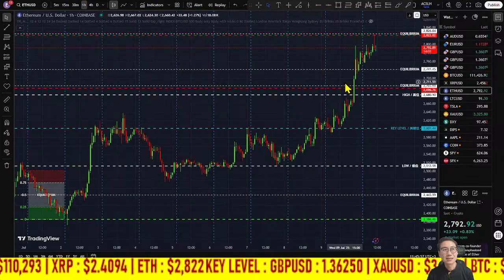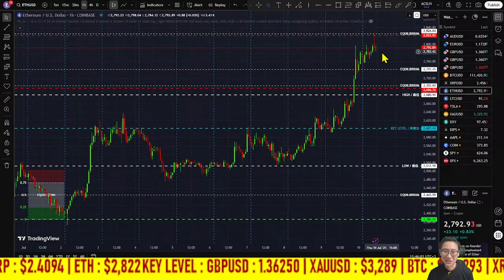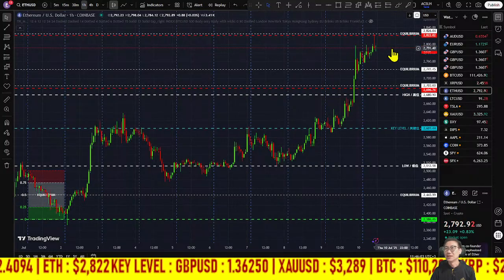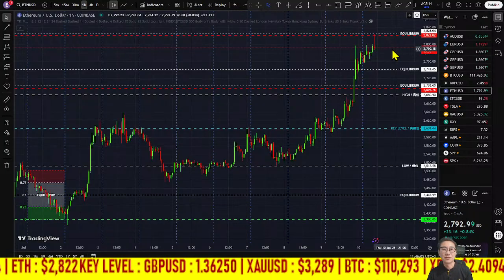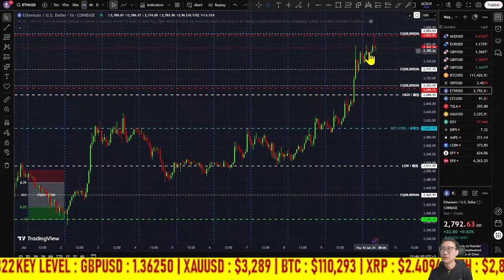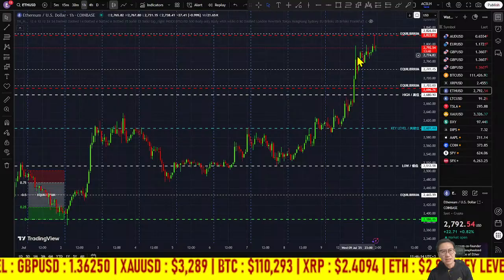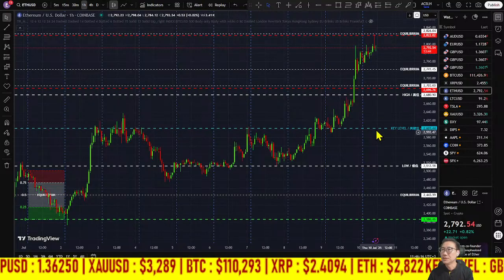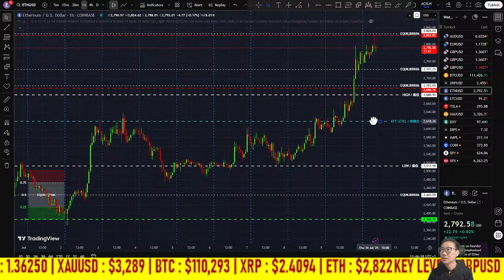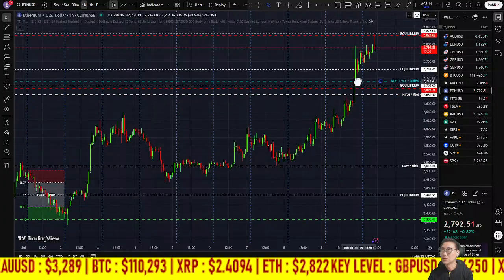As I see here, it seems like the buyers are exiting the market. That's what I see. But then again, there's still a lot of doubts and a lot of possibilities that can happen in ETH. So let's see over here. Let me see, this is a bit too far.